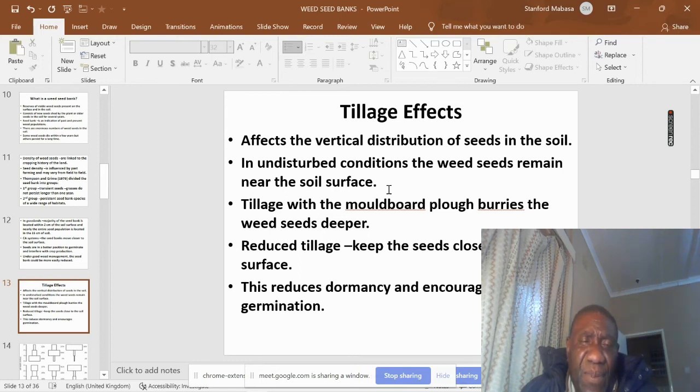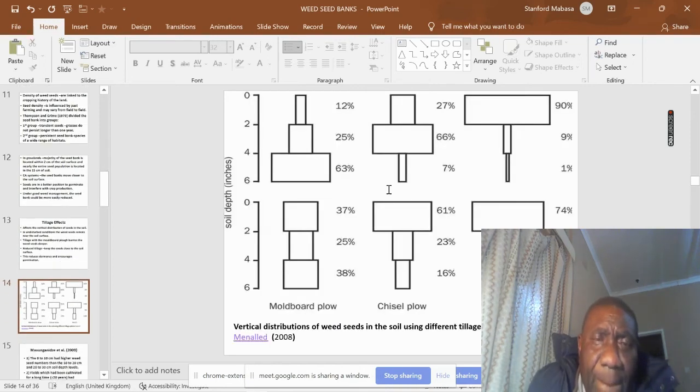Now, if weed seeds are closer to the soil surface, this may reduce dormancy and encourage germination. Probably that explains why we may have a lot of weeds in reduced tillage.